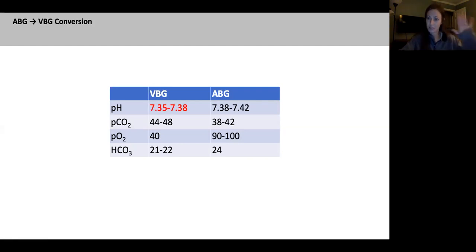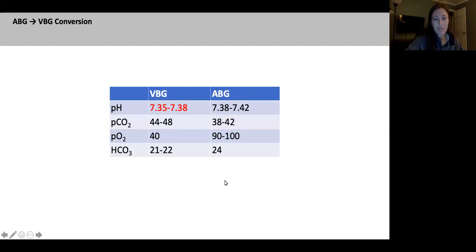So once you get to the venous side of things, it's generally just a little more acidotic. And so the pH for a VBG would be 7.35 to 7.38, whereas ABG 7.38 to 7.42 is the more normal range. So it's 3-ish points lower, more acidotic on VBGs as a general rule. It's like your 0.3 to 0.5 lower.